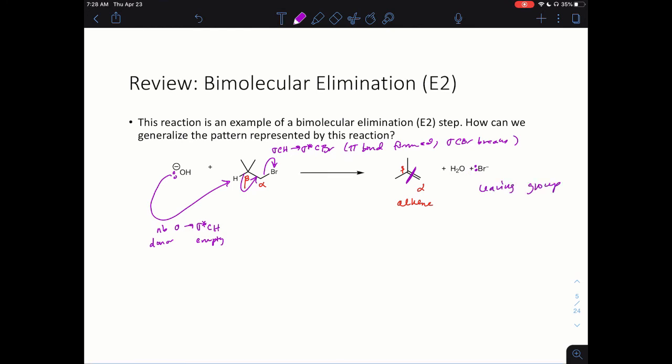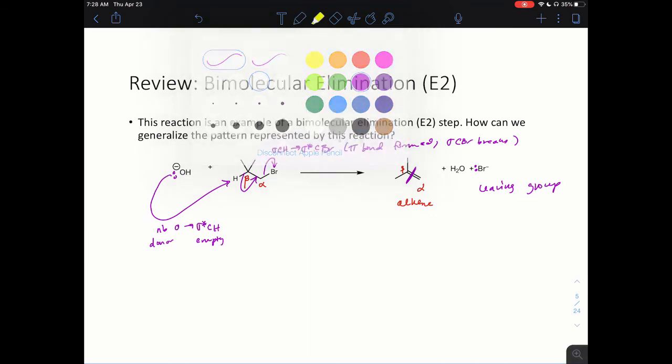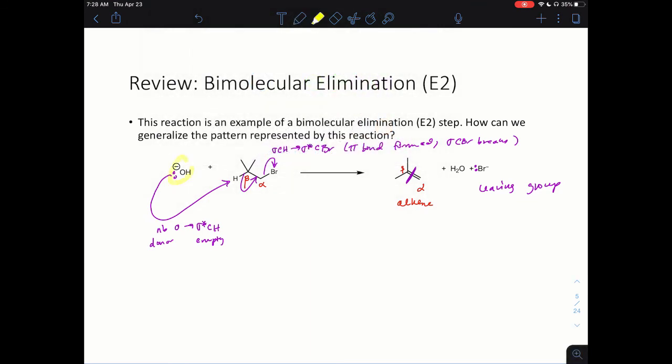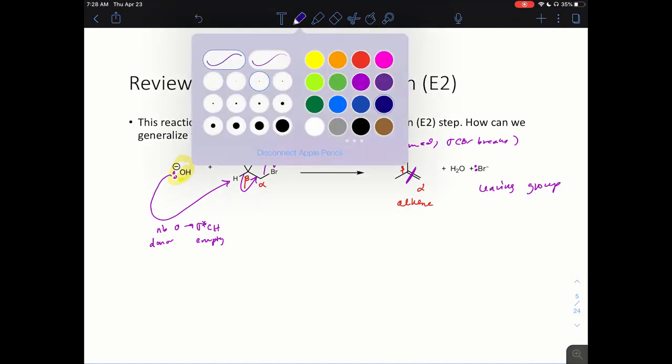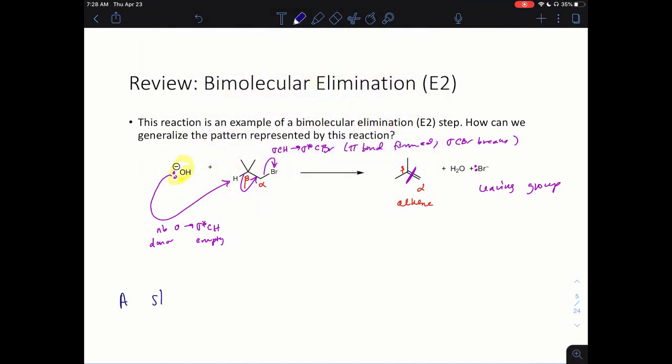A couple of points that I want to make here before we move on is that the hydroxide, the base, needs to be strong. So a strong base is required for an E2 elimination, and it needs to be really as strong or stronger than hydroxide.